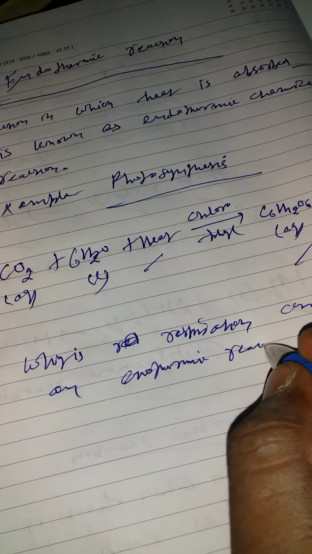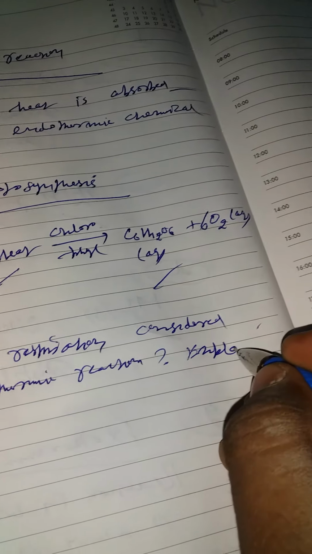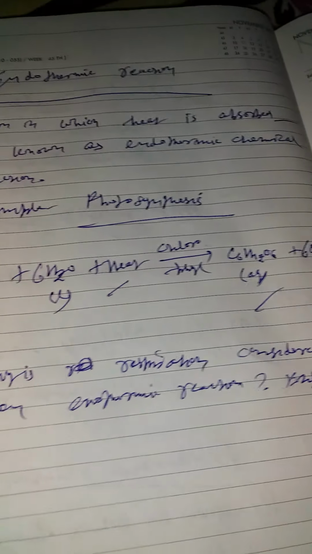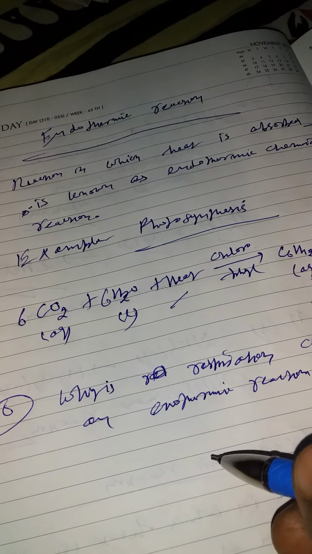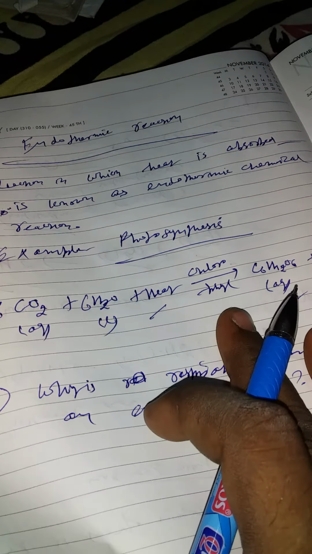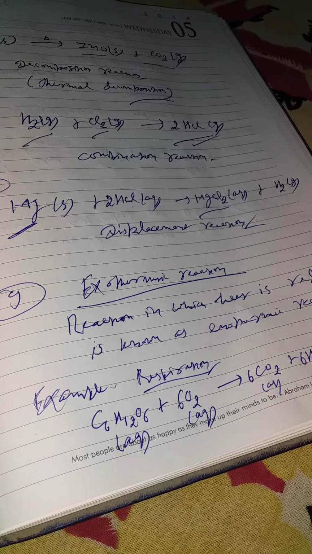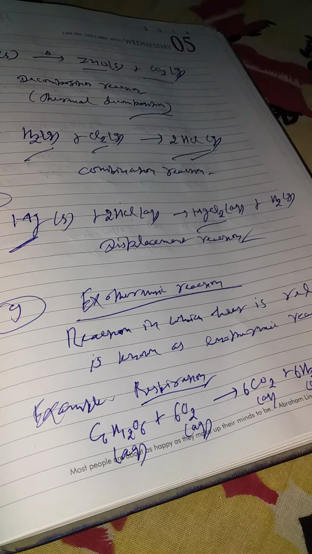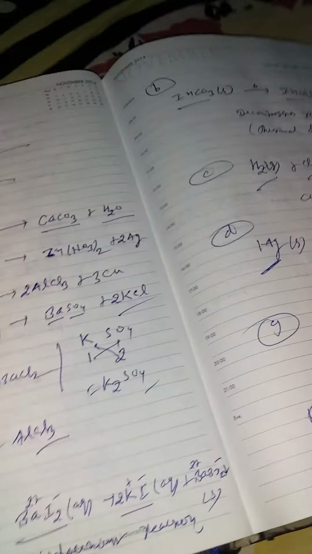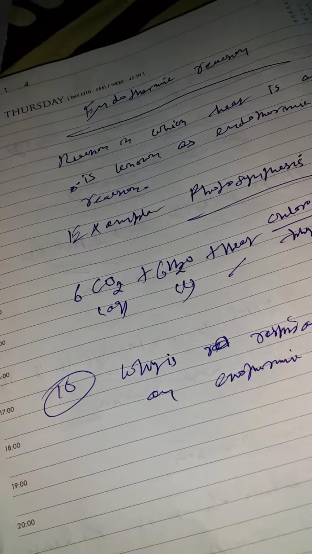Explain. So, students, we have already discussed this in the previous question number 9, and we see that in an exothermic process an amount of heat energy is released, and in the respiration process an amount of heat energy is released. That's why we can say that respiration is considered an exothermic reaction.